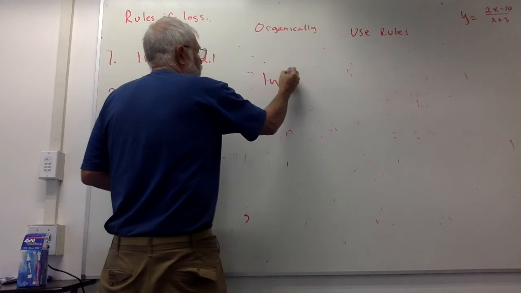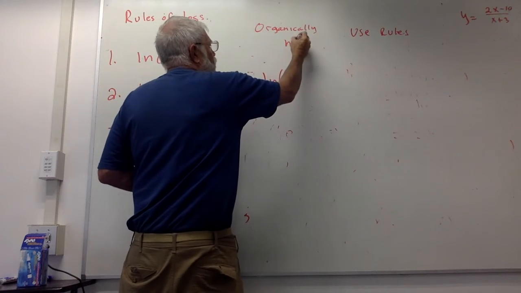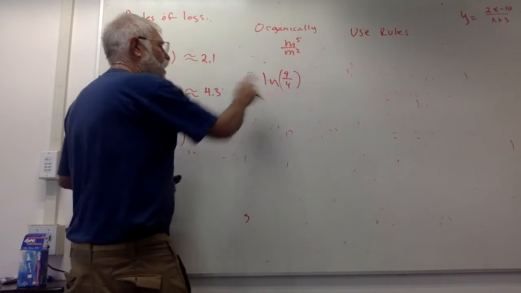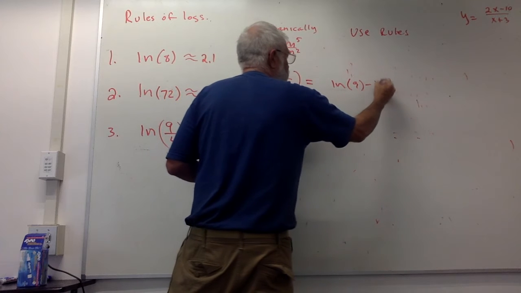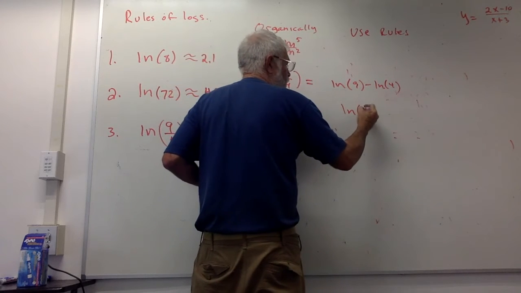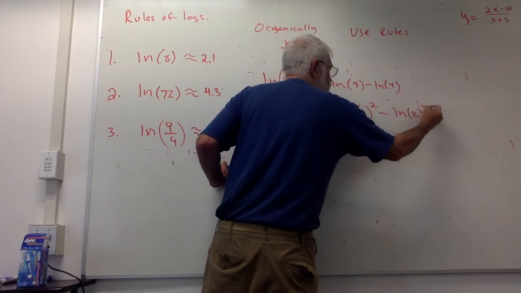The ln of 9/4. That's a division. I know when you do division like this, you subtract. So I know that this is the same thing as the ln of 9 minus the ln of 4. And that's equal to the ln of 3 squared minus the ln of 2 squared.